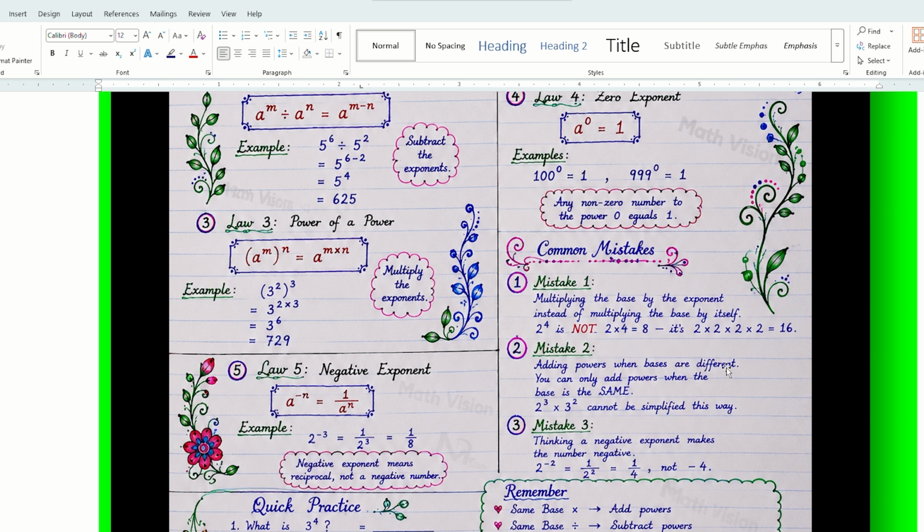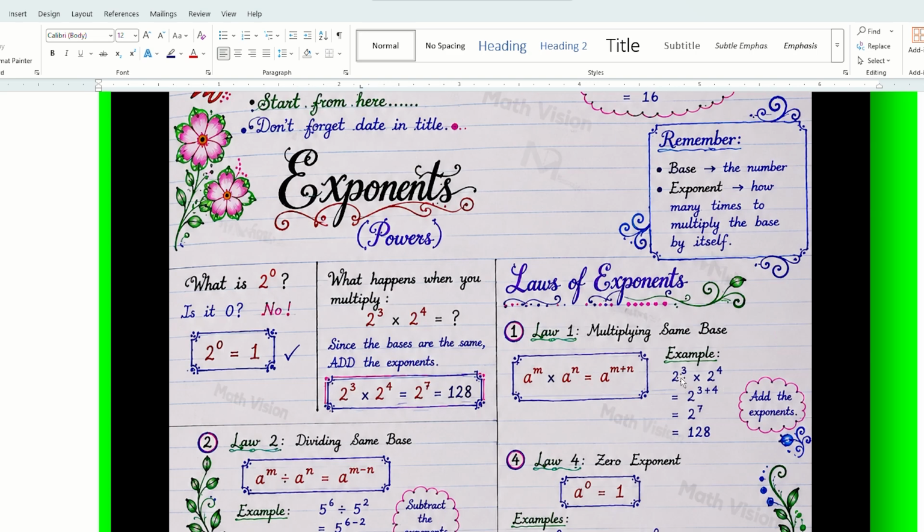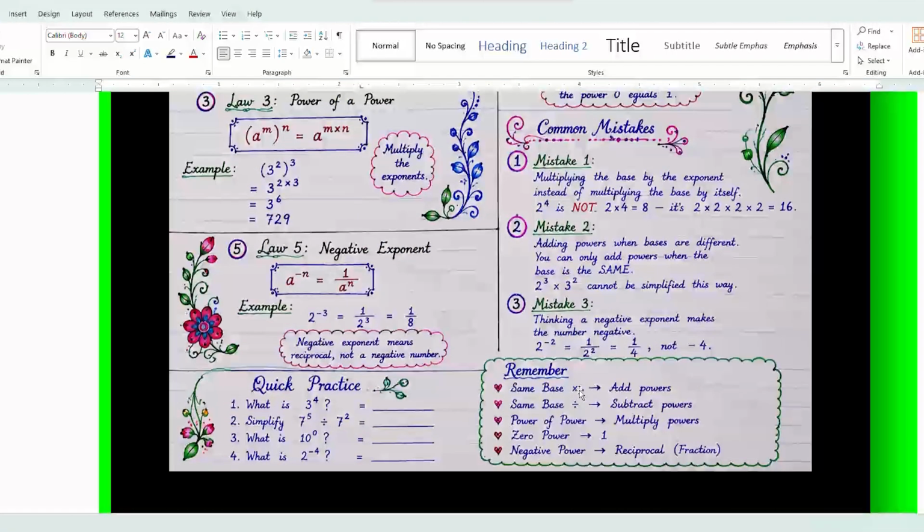For 2 raised to power 3 multiplied by 2 raised to power 4, the bases are the same, so the powers will be added. But for 2 raised to power 3 multiplied by 3 raised to power 2, the bases are different, so the exponents will not be added.